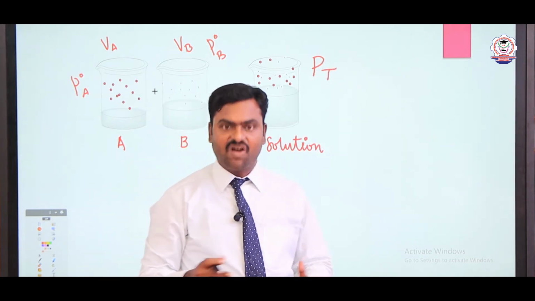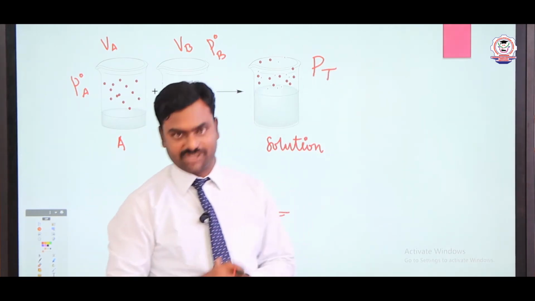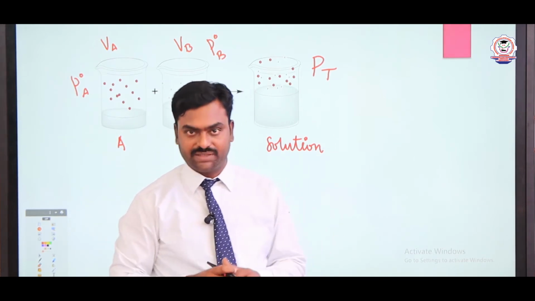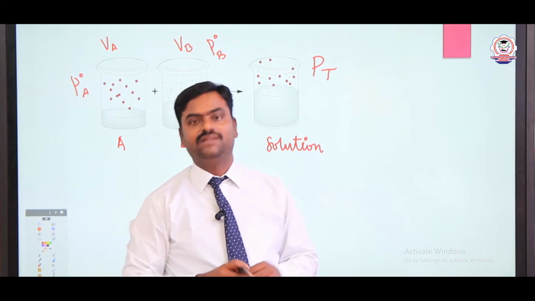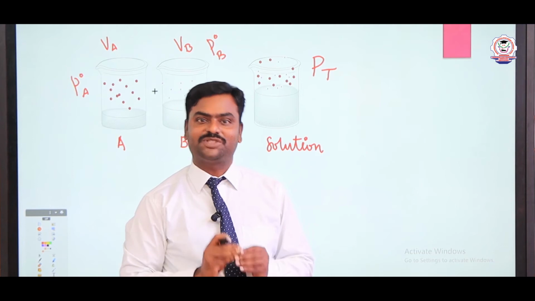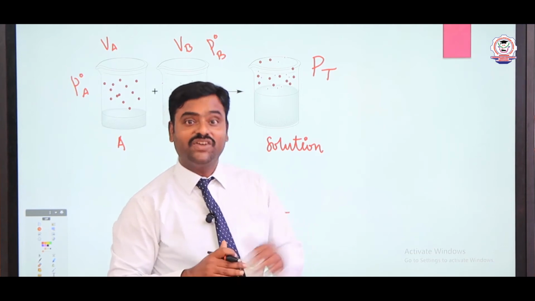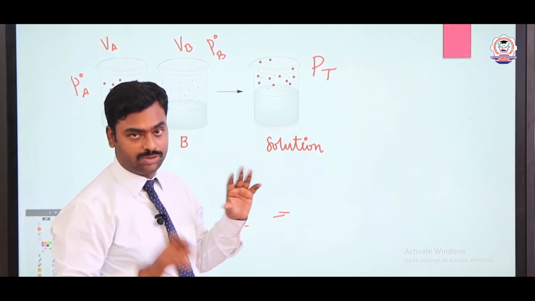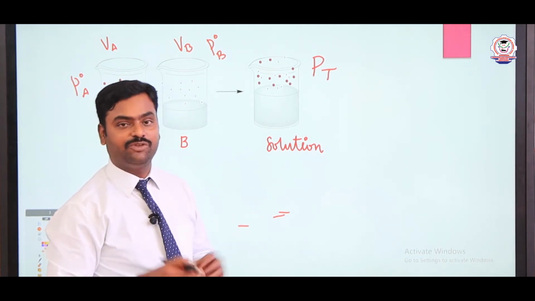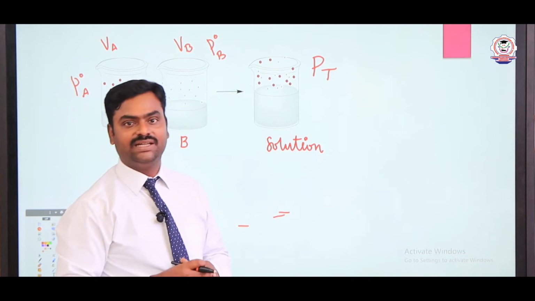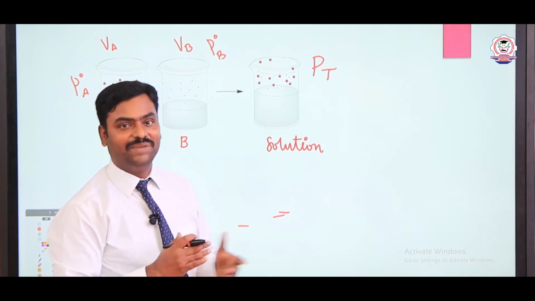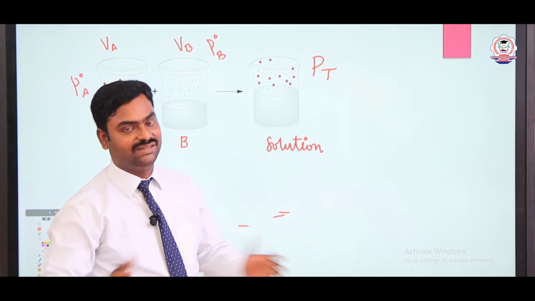Total pressure. According to Dalton's law of partial pressures, if you have two components in a single chamber as gaseous molecules, the total pressure must be equal to the sum of the partial pressures of each component. So, here in this chamber we have two gases, one is A and another one is B. If you have partial pressure PA and the partial pressure of B as PB, the total pressure PT is equal to PA plus PB, the sum.